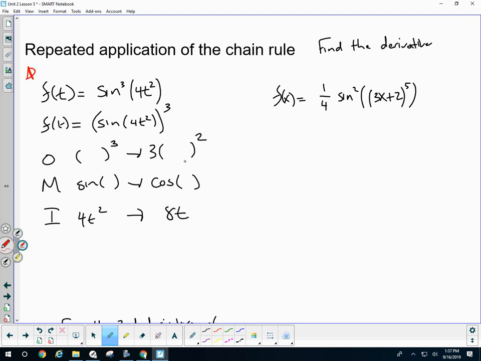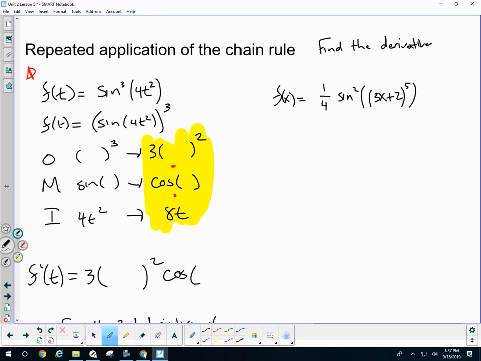And I'm going to think about multiplying these three together. And as long as we can identify outside, middle, and inside, we shouldn't have a problem, at least with this part of it.